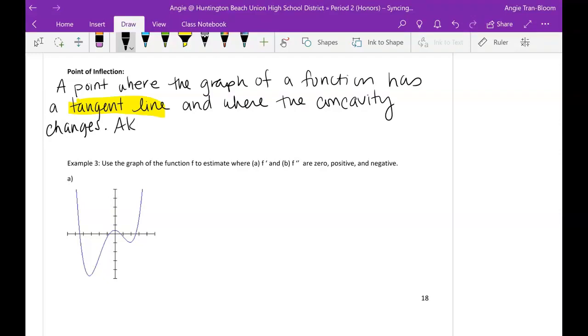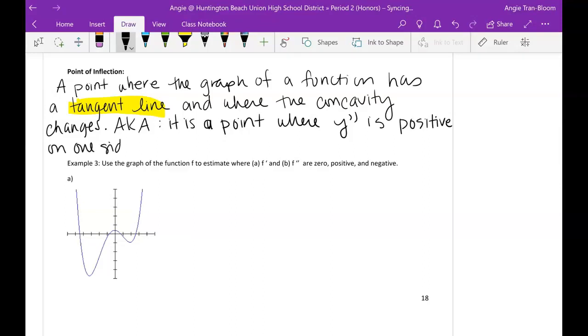So, because we defined the concavity test up above, what this means is it is a point where y double prime, the second derivative, is positive on one side and negative on the other side.